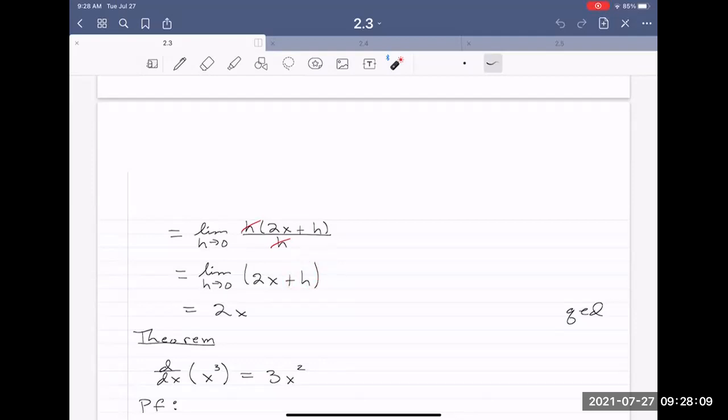Well, as h goes to 0, 2x plus h approaches just 2x. Therefore, the derivative of x squared is 2x. Any questions about that? So far, so good.